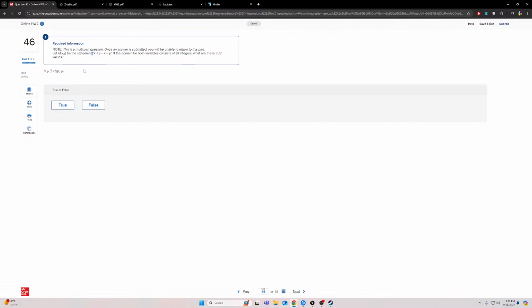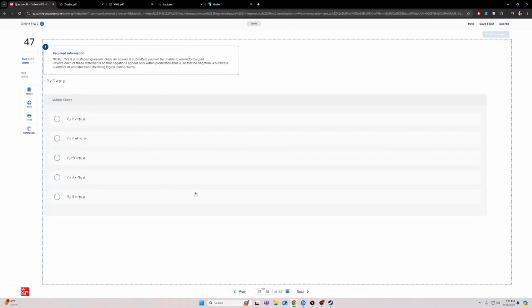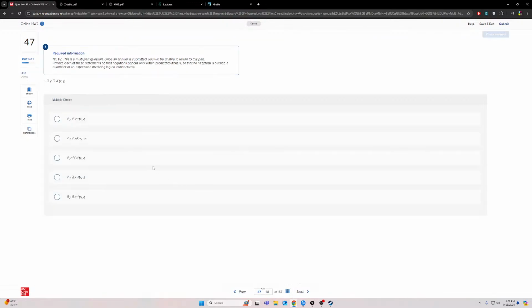And then we have the same thing here. There exists an x where all values of y is true. I don't think that's true. I don't think there is an integer x, because we can have -1, but it won't be true for all y's. Because we can have 1 plus 1, 1 minus 1, and yeah, that's not going to be true at all. So that has to be that. I don't know if there's a way to really prove that, but I feel like that's the easiest way to say it.